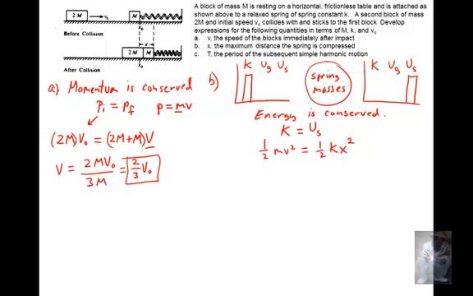Let's plug our values in. On this side we would have 1/2. The m would be 3m because, again, it was an inelastic collision, so they stuck together and they have a mass of 3m.